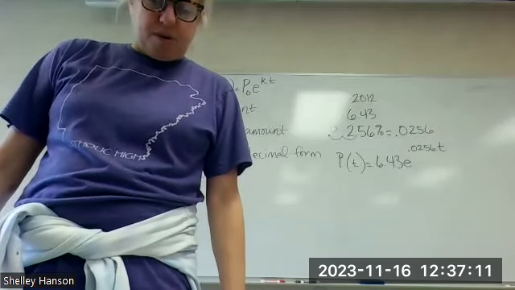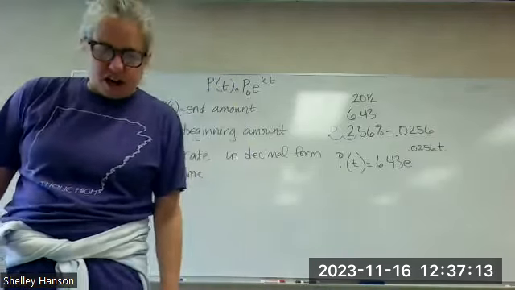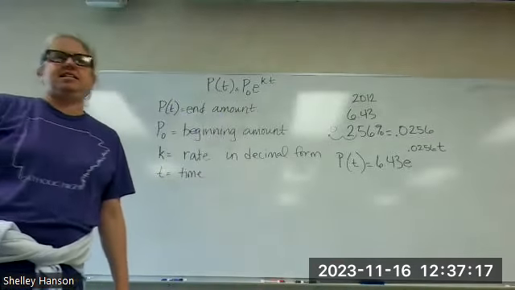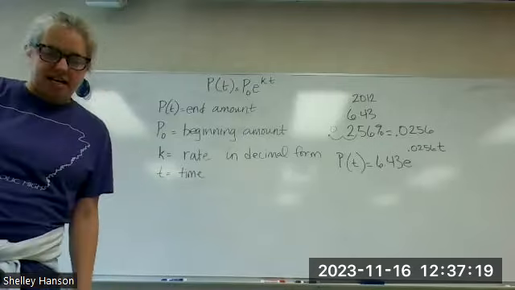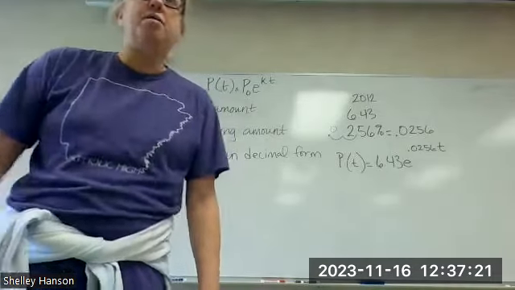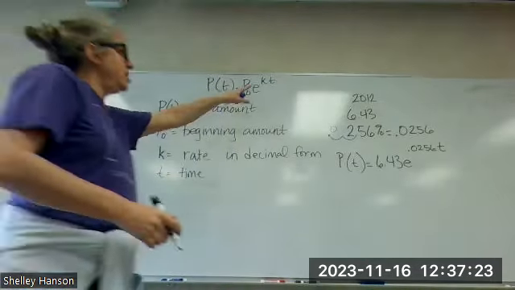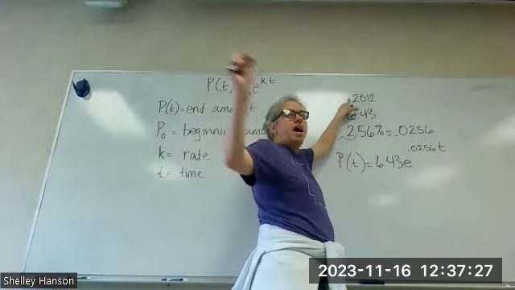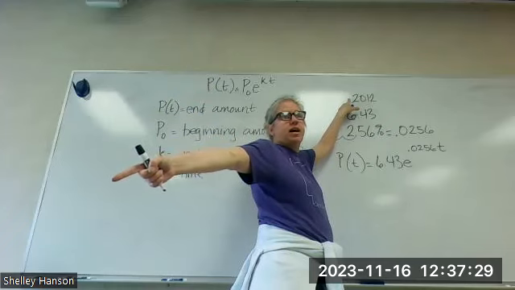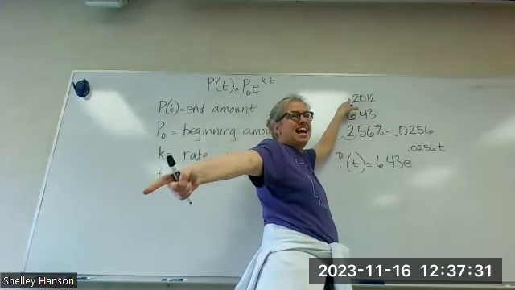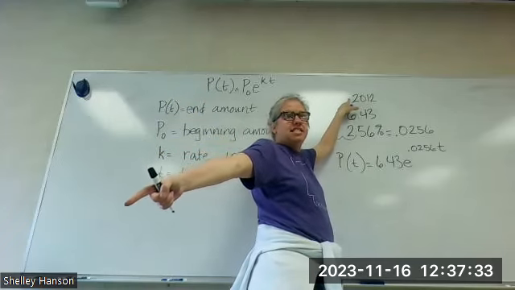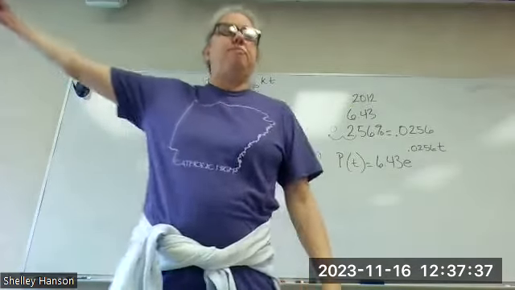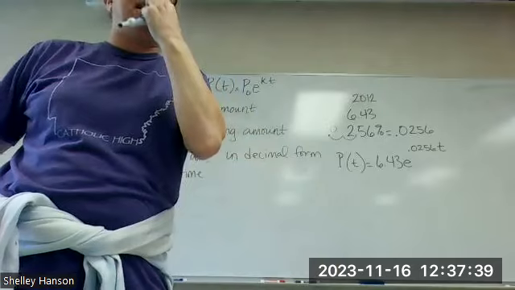Okay. The second part says the population of the city in 2018 is blank million. So if it was 6.43 million in 2012, how many years am I going out to get to 2018? 6 years, right? It's been 6 years if I'm going out to 2018.